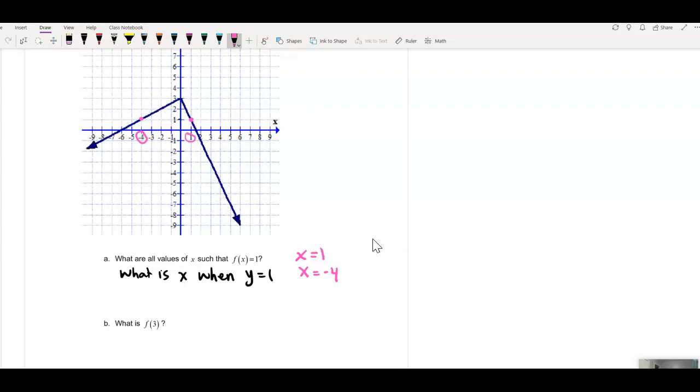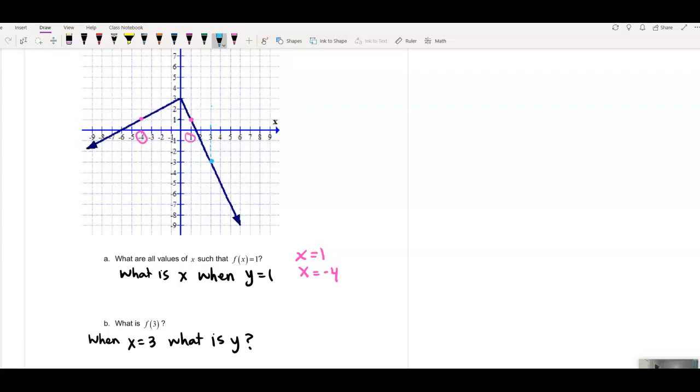Okay? But on this one, when it says f of 3, that's saying when x is 3, what is y? So on this one, do a different color here. When x is 3, so here is my x equals 3, right here. And so if I try and see where that intersects with the graph, it's going to be right there at -3.